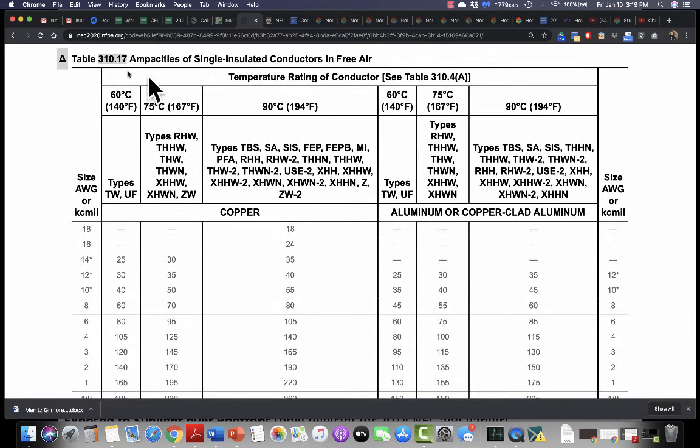Next, we have Table 310.17, the table formerly known as 310.15(B)(17), and that is ampacities of single insulated conductors in free air. Pretty much what that means is these conductors are just sitting out there in the free air with wind blowing by them, and they can handle more current. So we can see that a number 10 wire that is 90C rated in free air can take 55 amps.